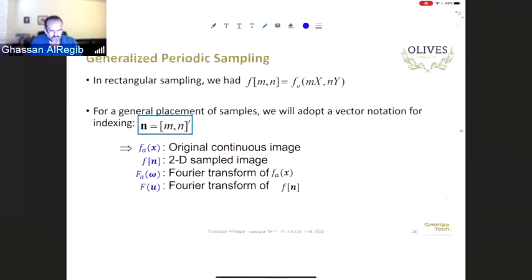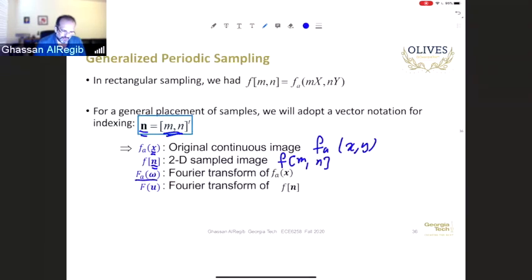Before we get to the generalized periodic sampling, I'd like to introduce this notation, which we had introduced before, where we replace our vector of m and n with this two-by-one vector. We call it boldface n, and in that case we say f_a of boldface x is the same as f_a of x and y. f of boldface n is the same as f of m and n.